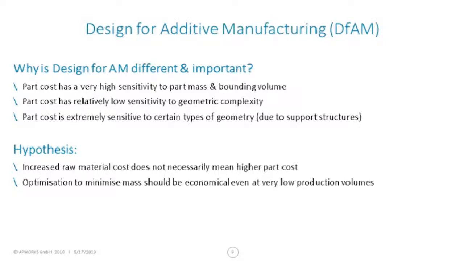Now, some of you may be really zipping ahead here and saying, but hang on a second, you said low volume production. How can I afford to do optimization if I've only got a small volume of parts to amortize that over? Of course, the answer is in the past, it wasn't really feasible.